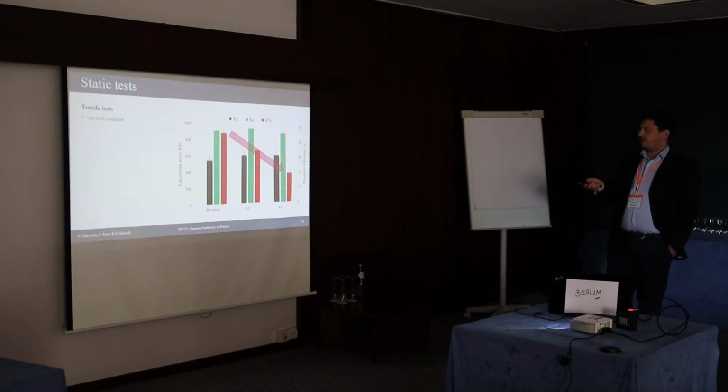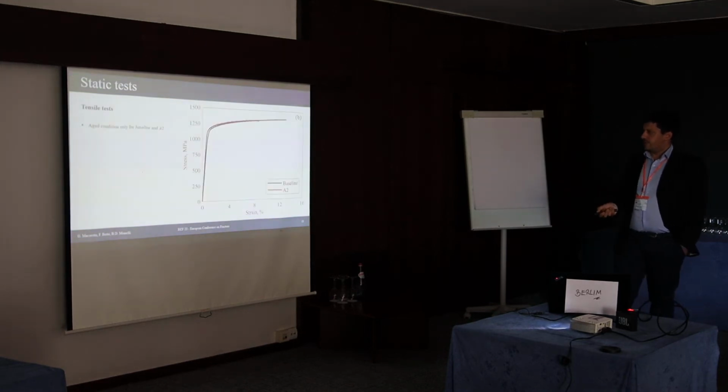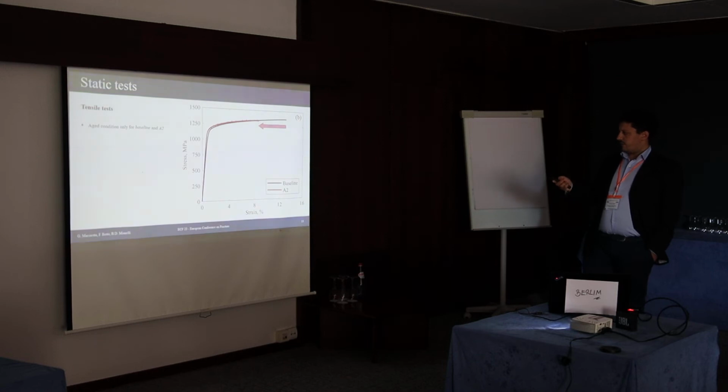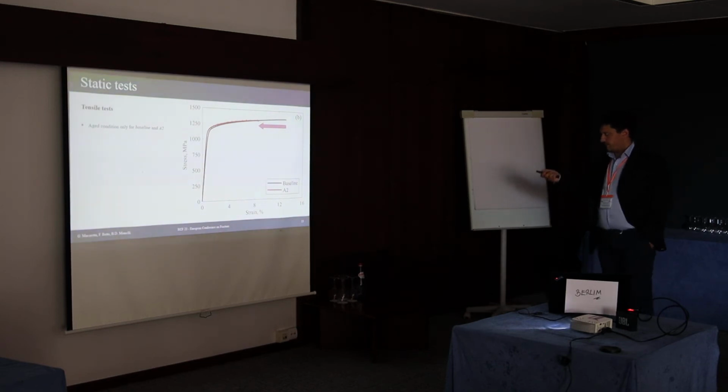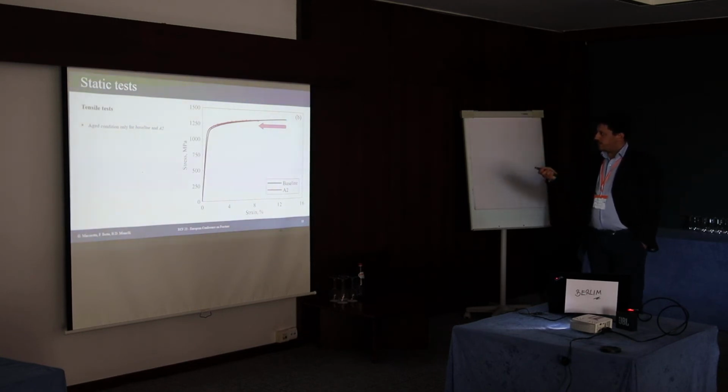So you can see that in terms of ultimate stress, it's almost constant, but in terms of elongation at fracture, it's really decreasing. And also, if we pass to the aged material, we see the same effect. The yield strength and ultimate stress are almost unaffected, but the elongation at fracture is strongly reduced. And then this elongation reduction produces also a reduction in the ultimate strength because it's not reached the same point.